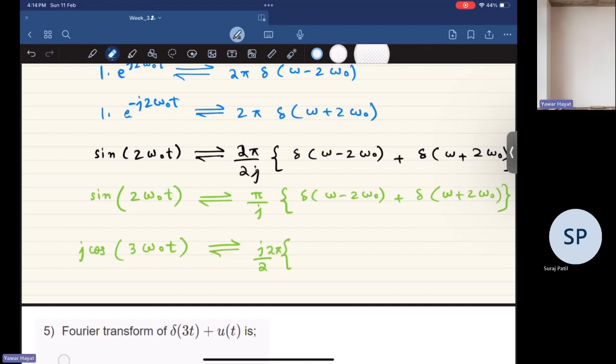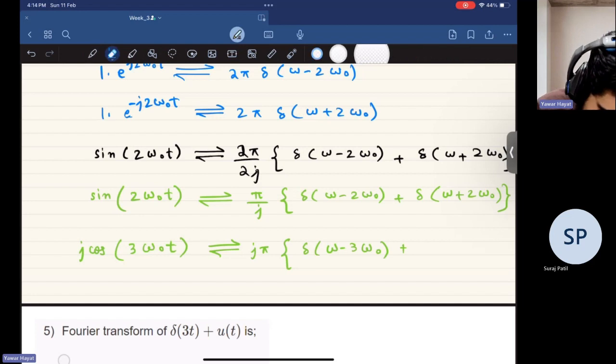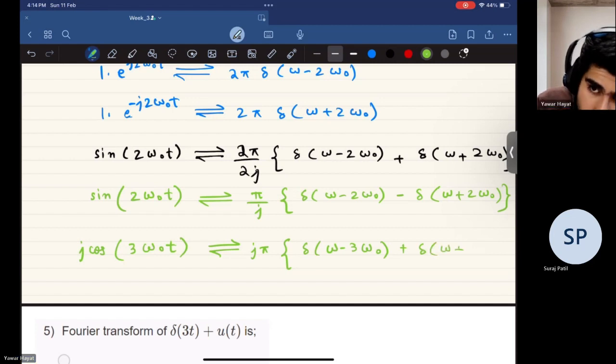Essentially, what I can write this as is j pi del of omega minus 3 omega naught plus, we missed a sign, should be minus, right? Plus del of omega plus 3 omega naught.